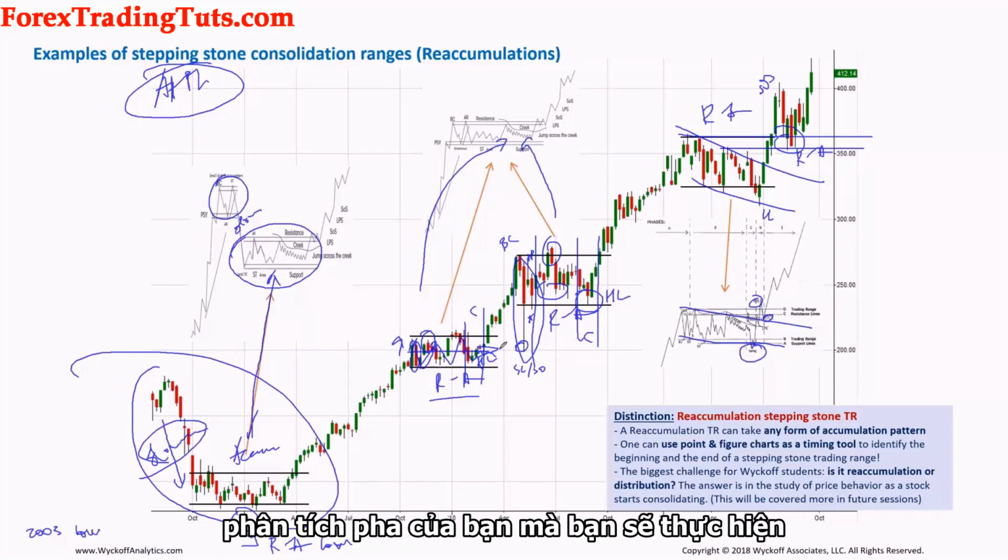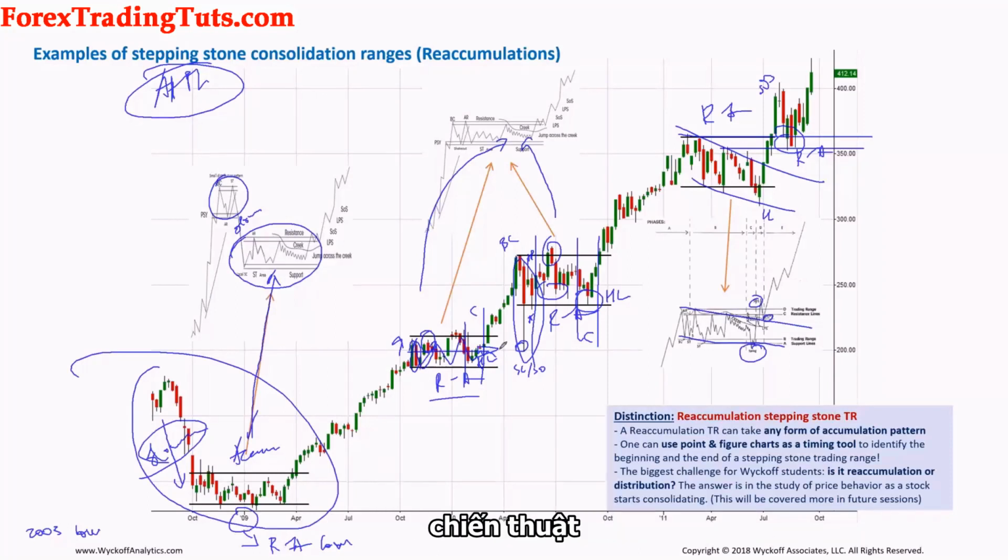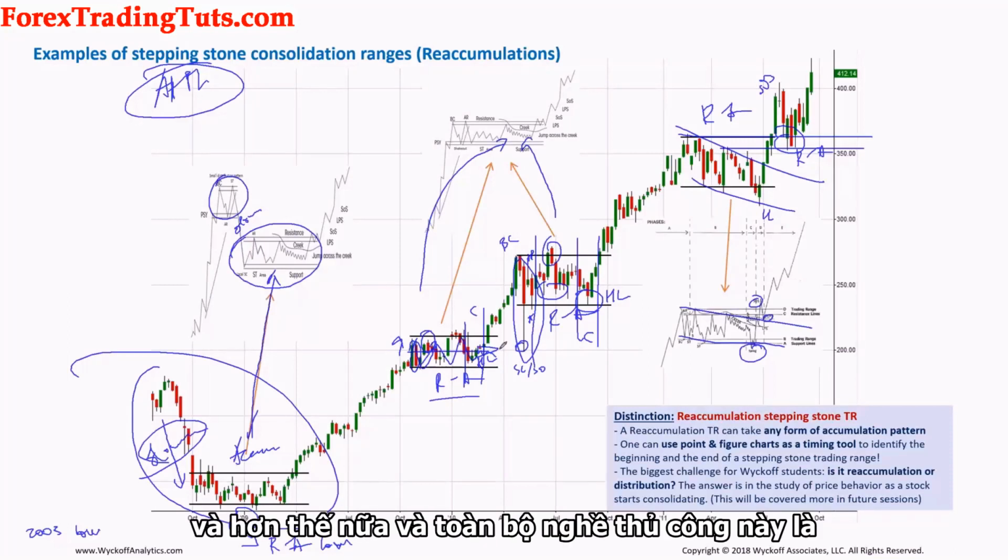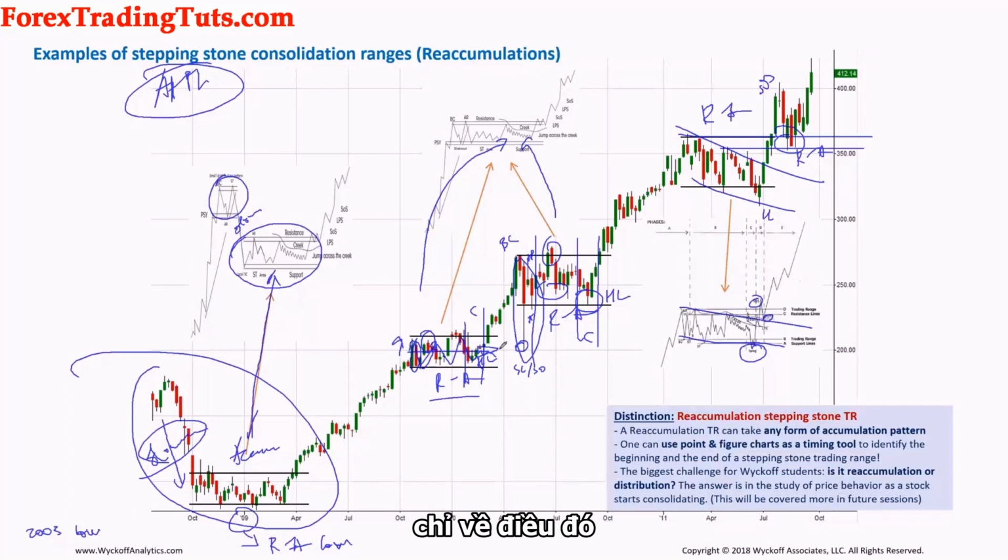You're going to go through your phase analysis, you're going to identify all the Wyckoff events, and then you're going to apply your tactics. And it's going to continue until you actually come into the distribution, and there the characteristics are going to be different. And that's going to repeat over and over again. And this whole craft is just about that.